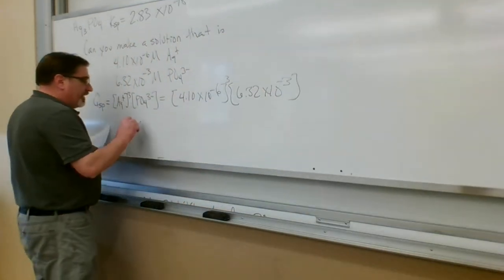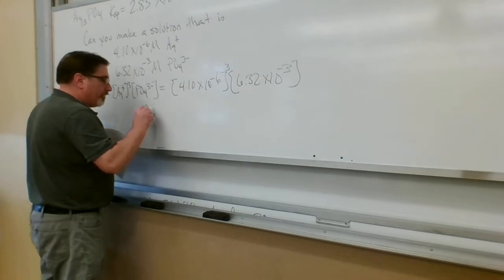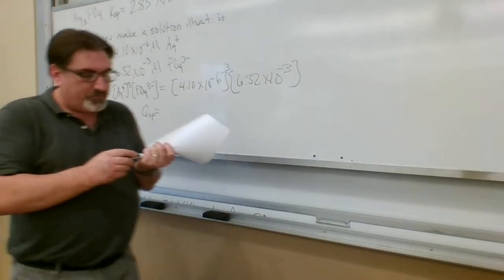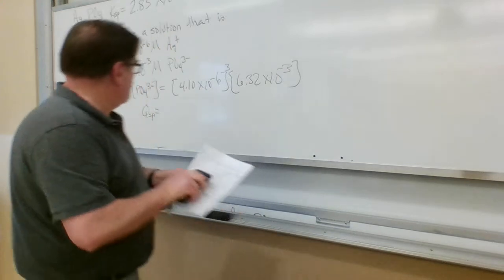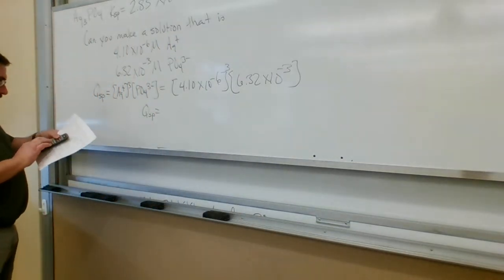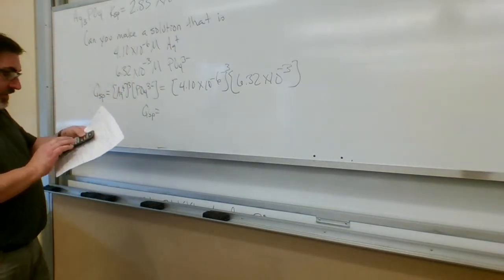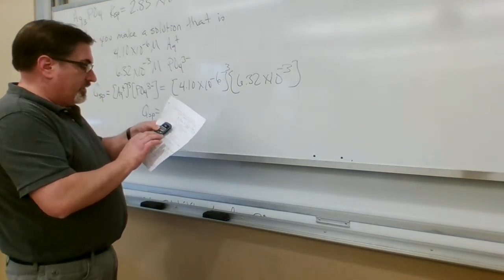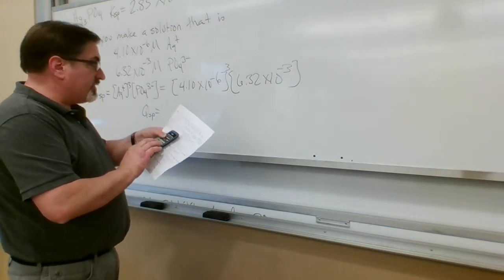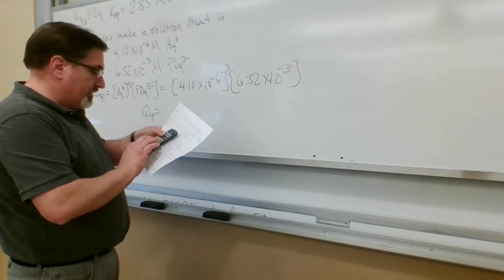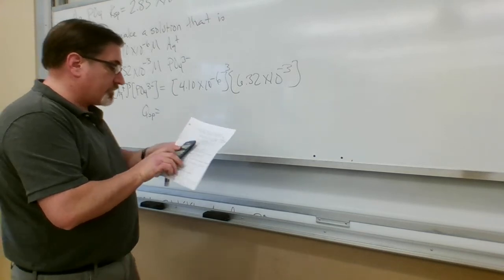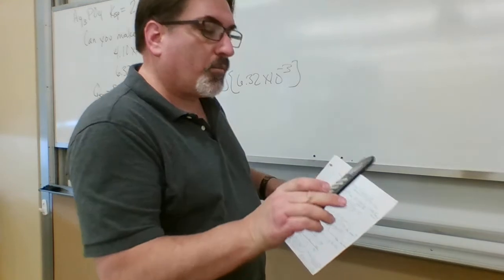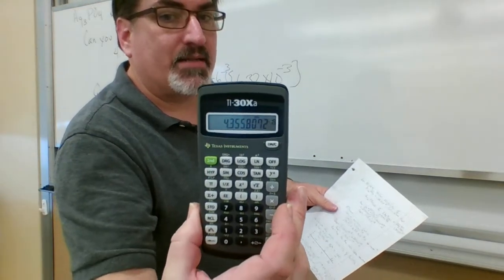So Qsp, we calculate that number. 4.1 times 10 to the minus 6th, quantity cubed, times 6.32 times 10 to the minus 3rd equals 4.36 times 10 to the minus 19th.